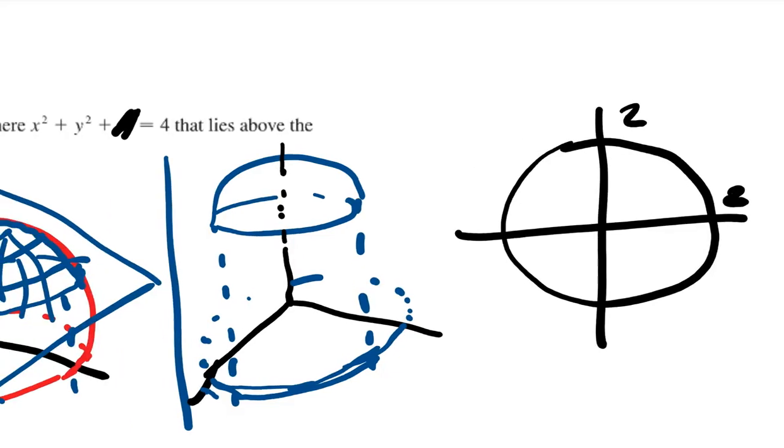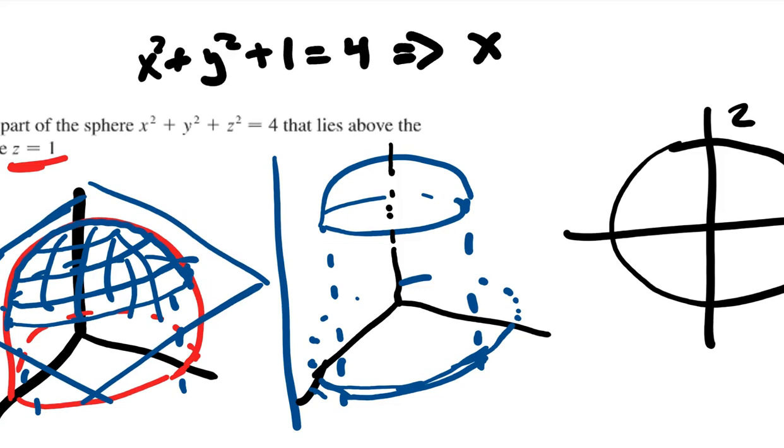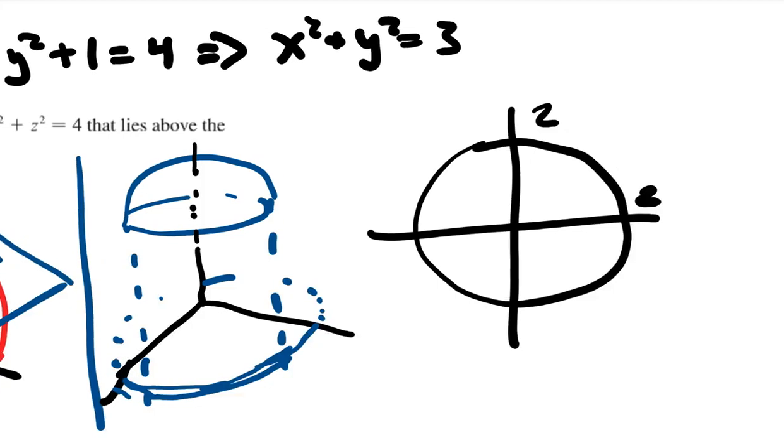Now, when z equals 1, x squared plus y squared plus 1 squared equals 4. We get x squared plus y squared equals 3. So the radius is going to be the square root of 3, which is 1.7. Not 3, this is a 2.